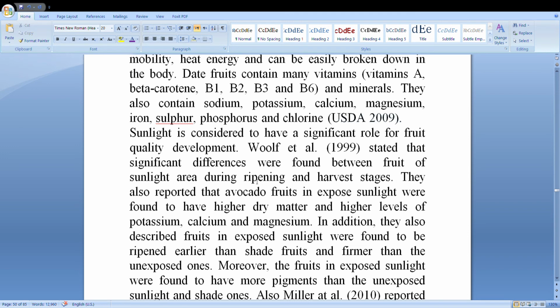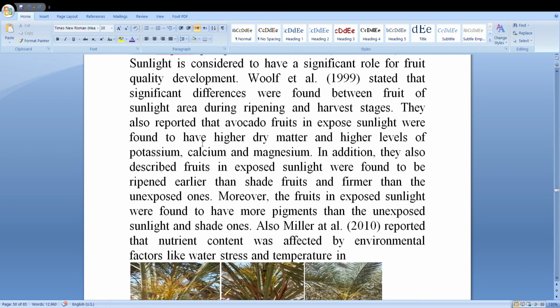They did research and mentioned that sunlight is considered to have a significant role in fruit quality development. When there is enough sunlight, more sunlight, then photosynthesis will happen well, and after that sugar production will be good.